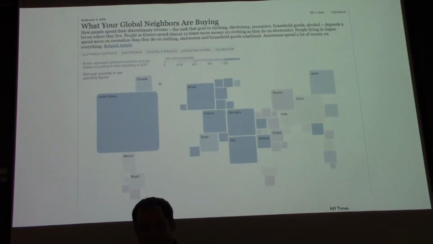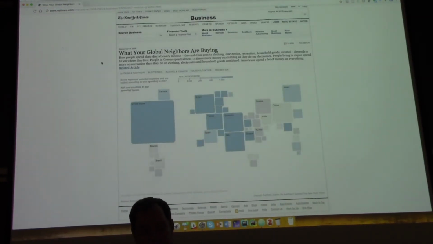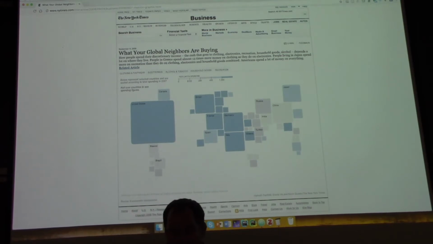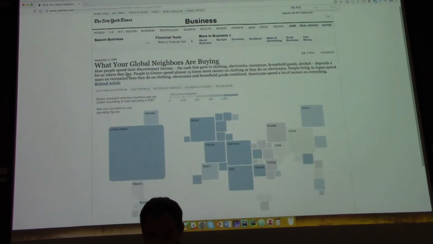And here's an example of a New York Times article that lets you do these things for different aspects. So here we have what your global neighbors are buying, how much we are spending for different articles. So here we have, let me zoom in a bit.